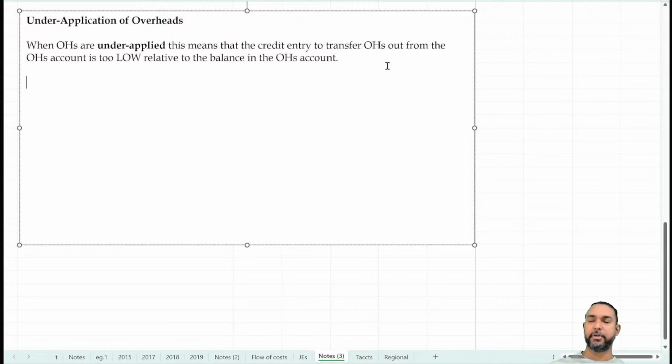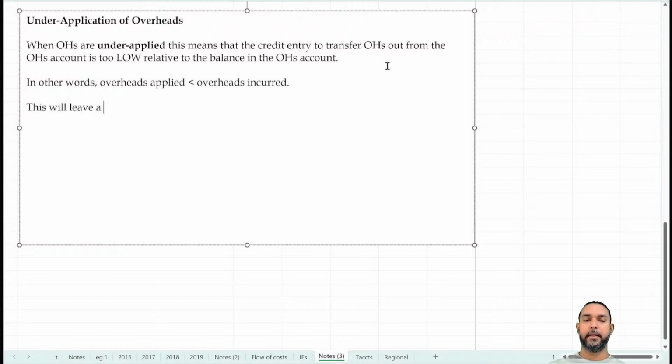In other words, you didn't transfer out enough costs to your work in process, and then of course cost of goods sold and finished goods. So in other words, overheads applied less than overheads incurred. And what will happen is that this will leave a debit balance in the overheads account.